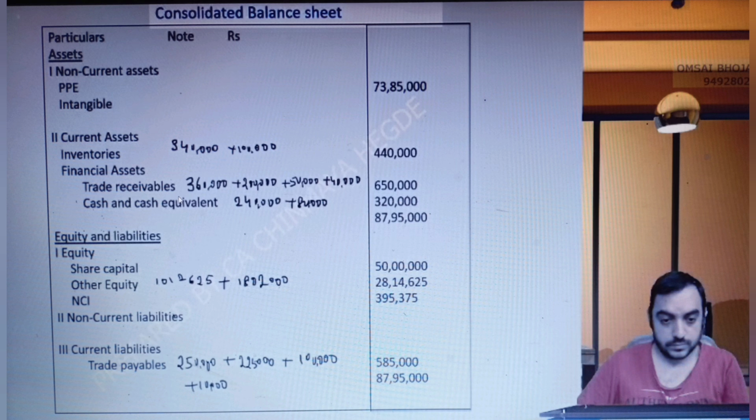No mutual owings, I believe. 3 lakh 60 plus 2 lakh, then plus 50,000 plus 40,000. You get 6 lakh 50. Cash and cash equivalents: again a simple sum, 2 lakh 40 and 80. Okay, see if we are able to get till here.